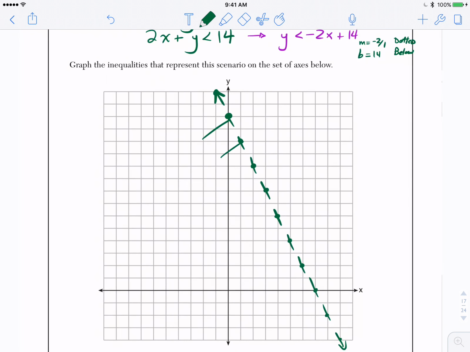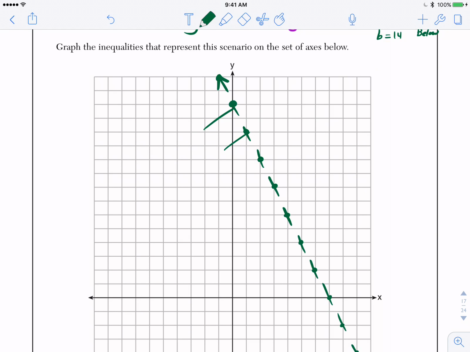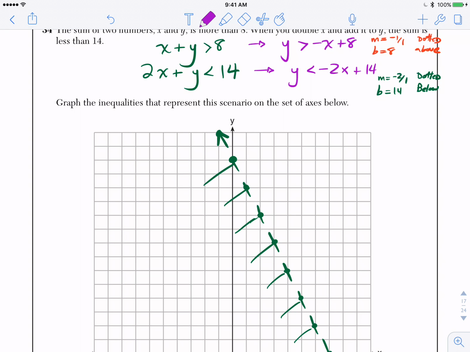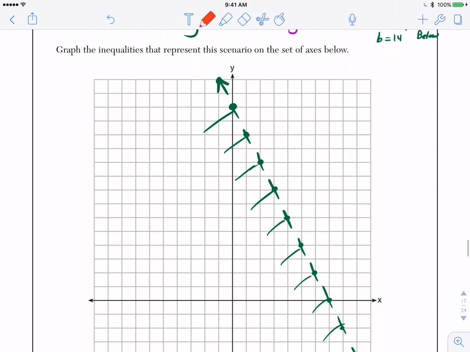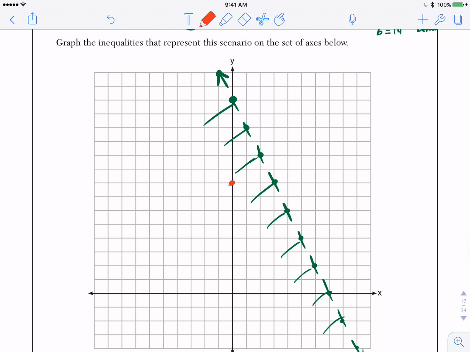I don't want to go crazy yet. I want to see what the other line looks like, and then we can find their intersection. We can find where these shadings overlap. I don't want to go too nuts just yet. That might make it hard for me to graph the second one if I'm drawing lines all over the place. So for the second one, our y-intercept was 8. And we're moving down 1 over 1, negative 1. So down 1 over 1.